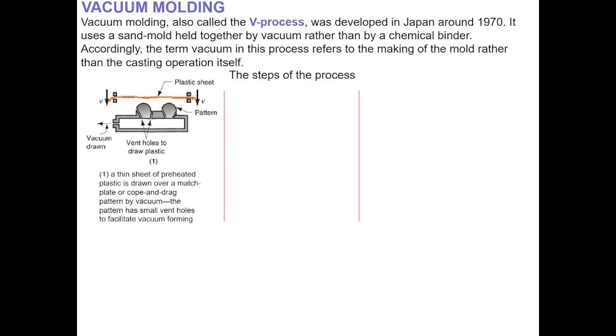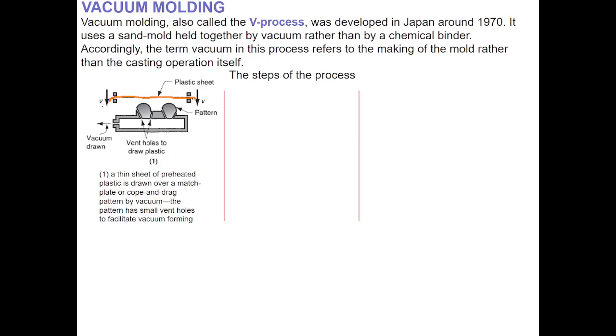The pattern has a special box. This is the pattern, and the pattern opens to the box thanks to the existence of tiny vent holes. Using a special machine, we suck the air from the box, and keep the pressure within this box less than the outside pressure.